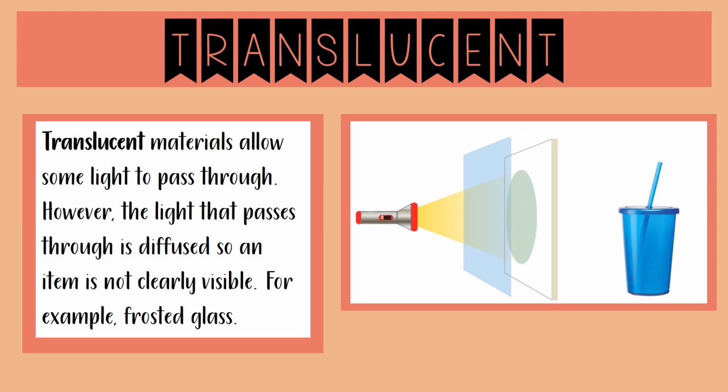So it is translucent, so you can kind of see a shadow if somebody was on the other side, but you can't see exactly who it is. So go check out your bathroom and have a look. The examples they've given us here are a frosted glass and a cup that is still a little bit see-through, but it's translucent, so you can't completely see straight through it.